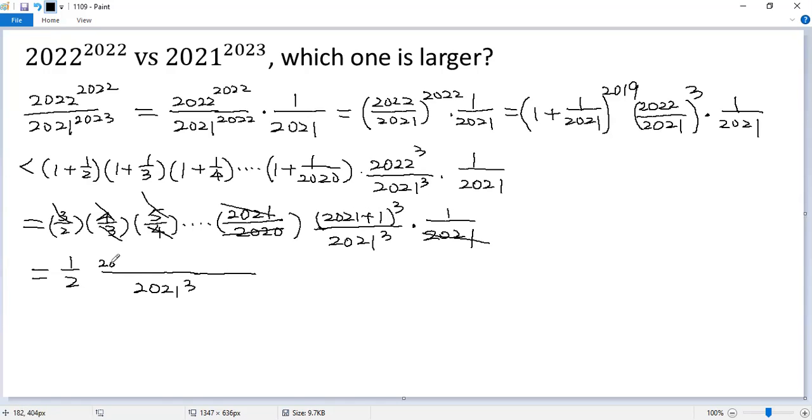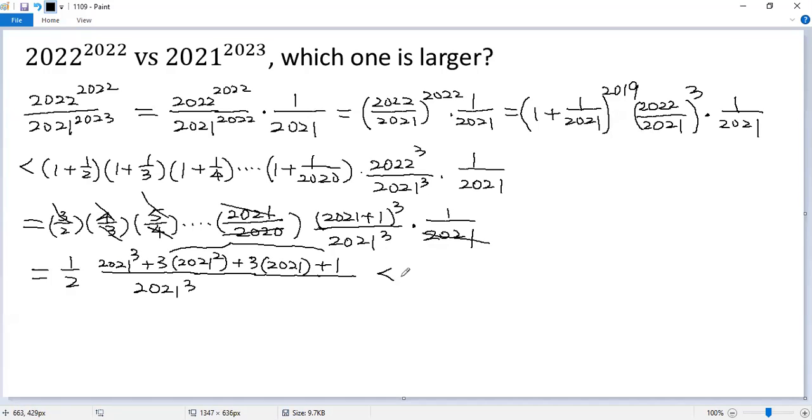So we get 2021 cubed plus 3 times 2021 squared times 1, plus 3 times 2021 times 1 squared, still 1. Finally, plus 1. So you see the sum of them is less than 2021 to the power of 3.